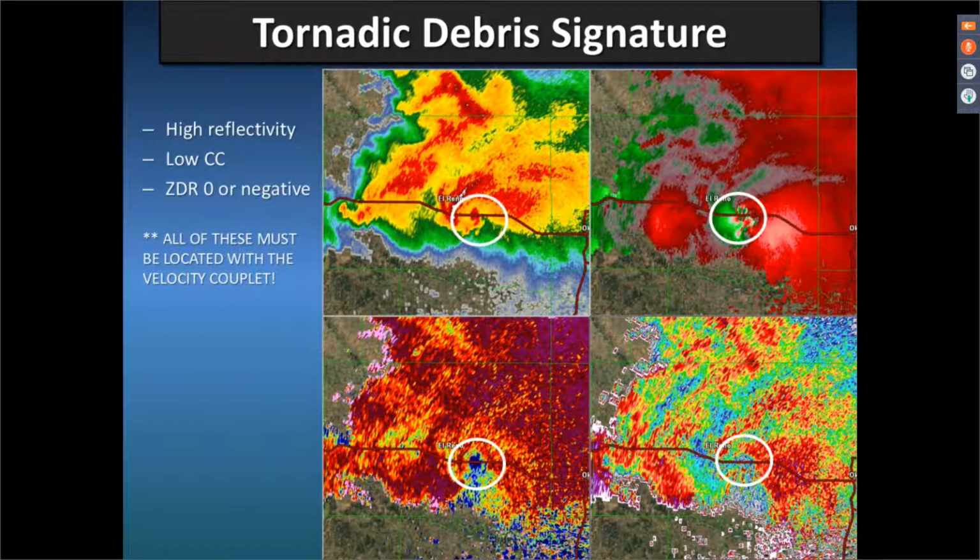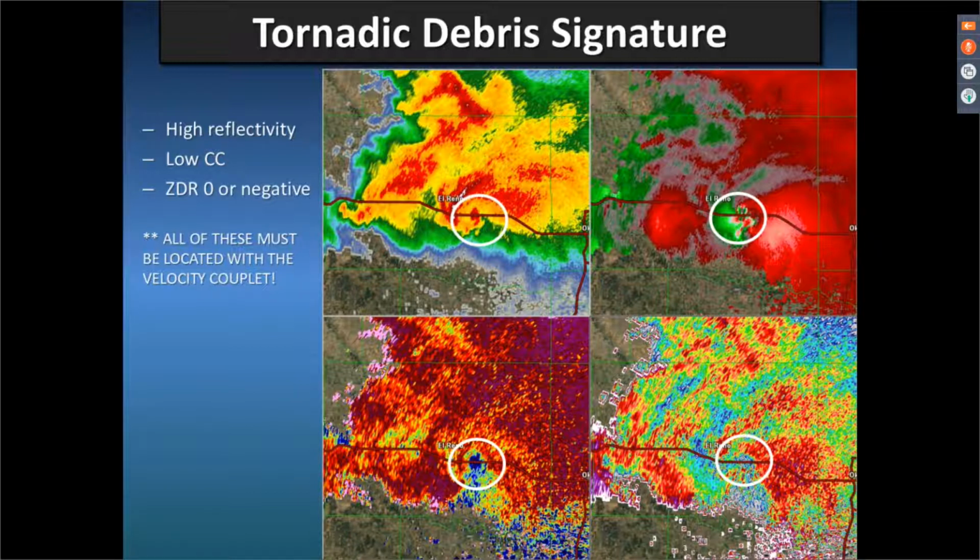This is the El Reno tornado from 2013, just southwest of El Reno in the white circle. You can see we've got that area of red on the reflectivity at the top left. And then at the same place on the velocity on the top right, we've got a very strong area of rotation.